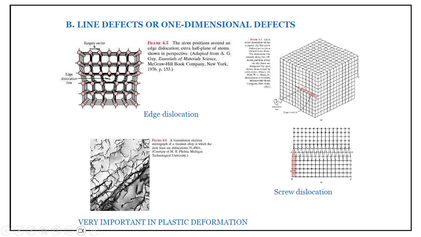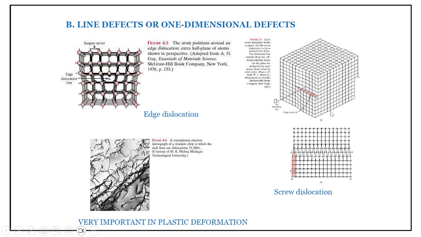So in plastic deformation, when materials are subjected to tensile forces, when a load is applied to a material, then the material is subjected to dislocation. The dislocation may be either screw dislocation or edge dislocation. Those things you will study in detail in unit 2, where we are going to discuss the tensile test.